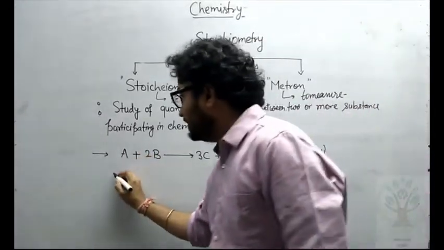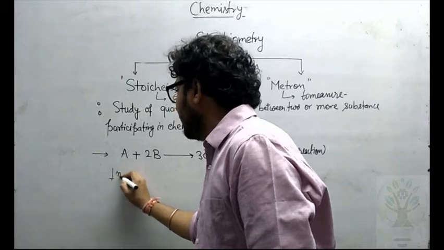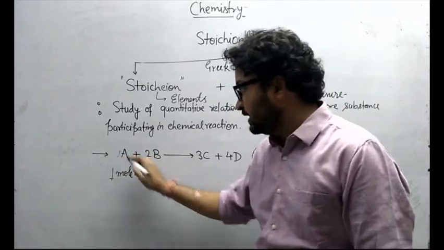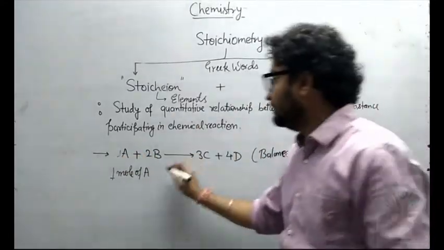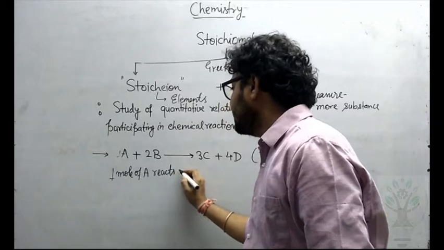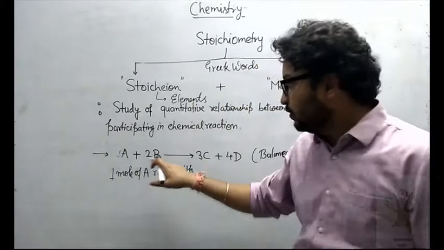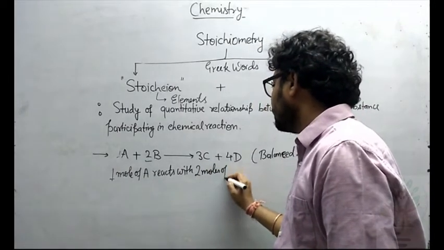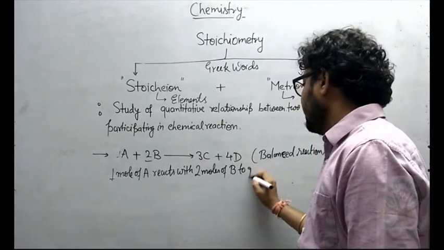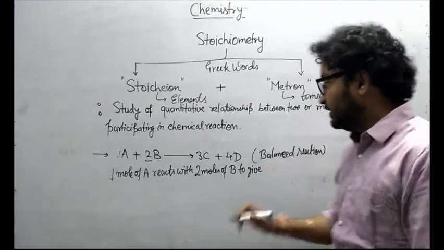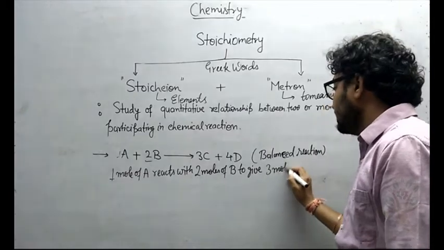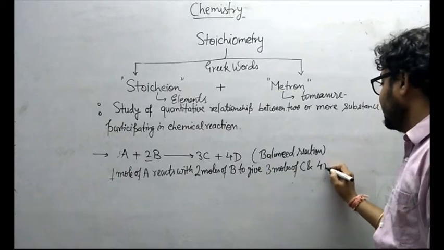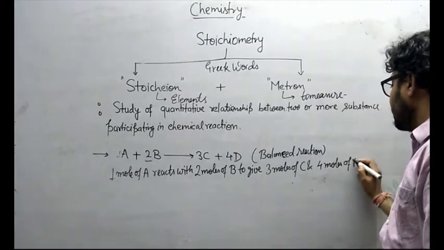Again, I am reading: 1 mole of A reacts with how many moles of B? 2 moles of B, to give 3 moles of C and 4 moles of D.